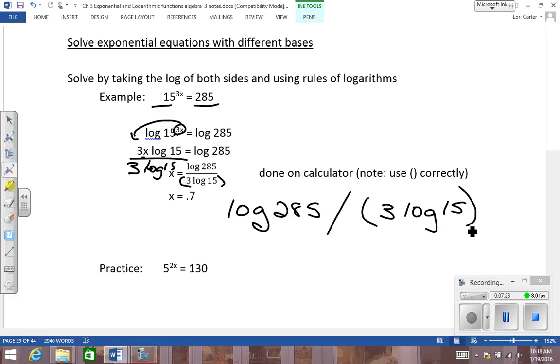Okay. When you have 0.7? See, I'm trying to do two, right?